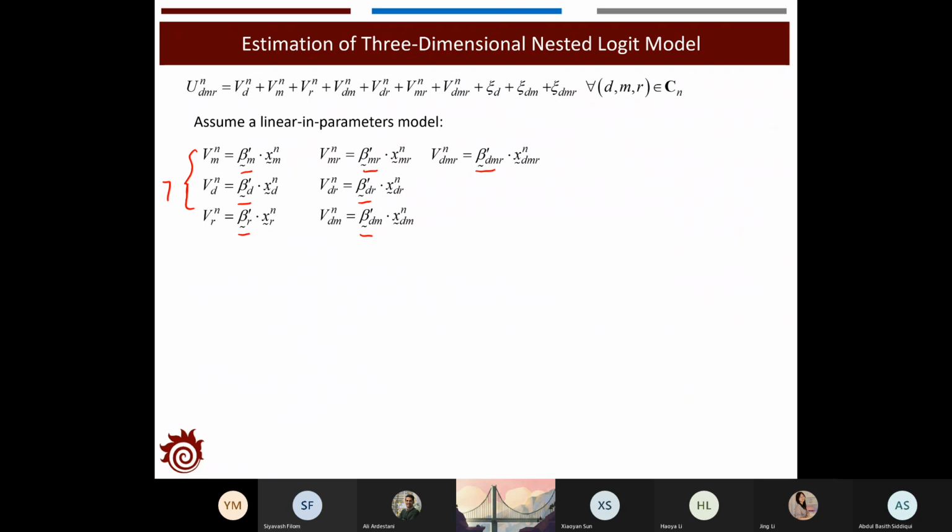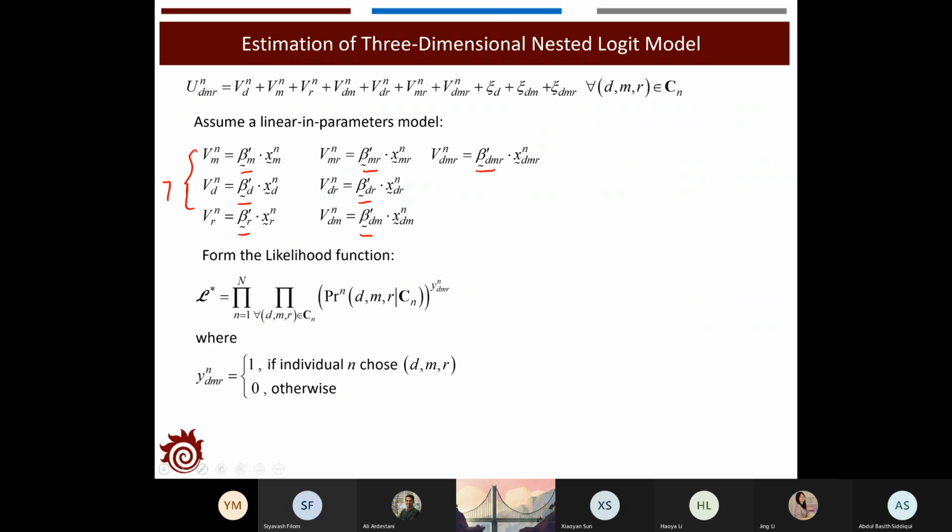To conduct the calibration, again we need the likelihood function, and we will try to maximize the joint probability of the observations from the sample.